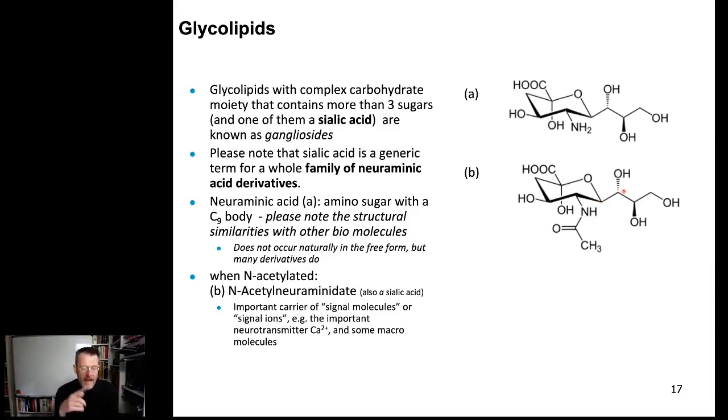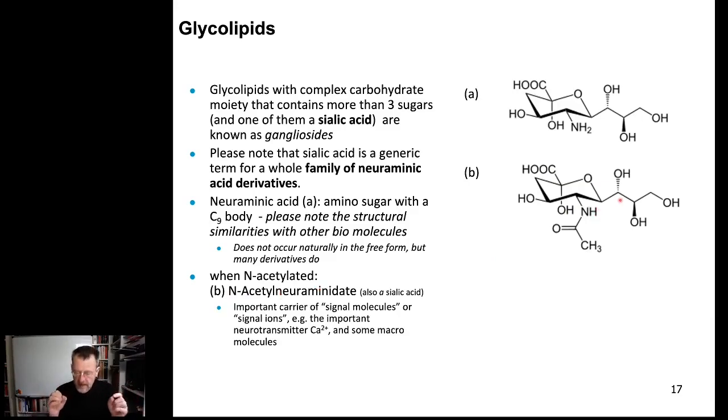Neuraminic acid does not occur in the free form in nature. Many derivatives do, but not the free form in itself, where you've just got the hydroxy group or the free amino group. If the amino group is acetylated, as you can see here, we're talking about an acetyl neuraminidate. This is also a sialic acid.